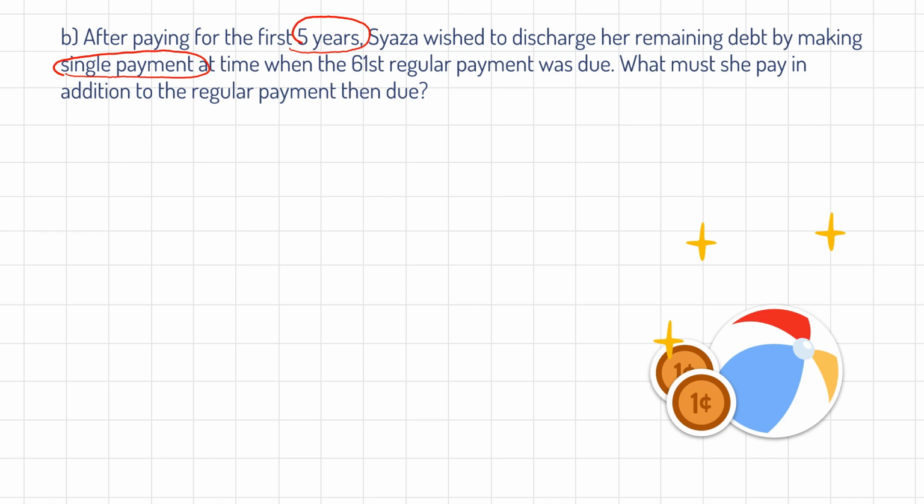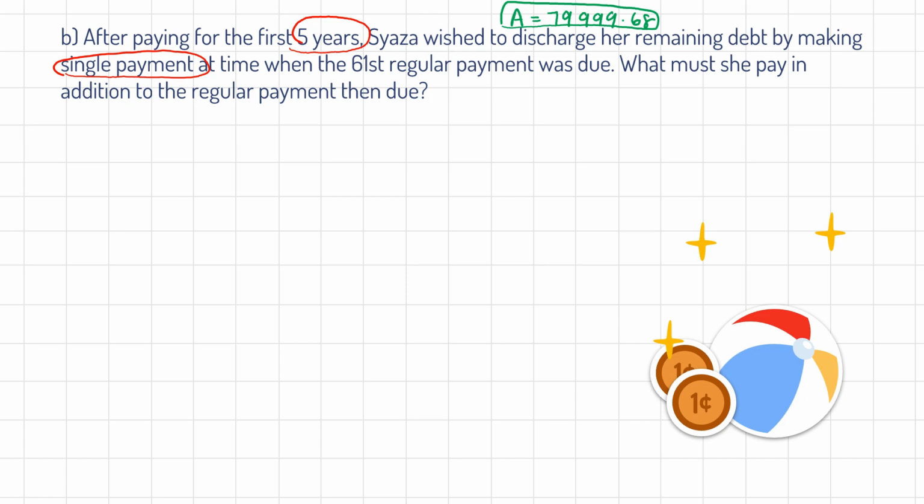From question A just now, we know that Shaza did a loan in order to buy a house, right? So the value of her loan is A equals 79,999.68. So this is the value of loan that she already did. So now in question B, we are discussing the loan.